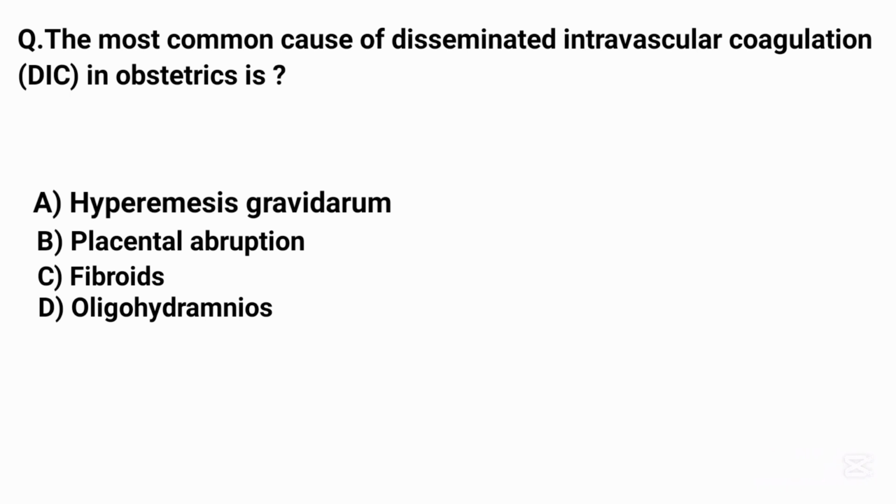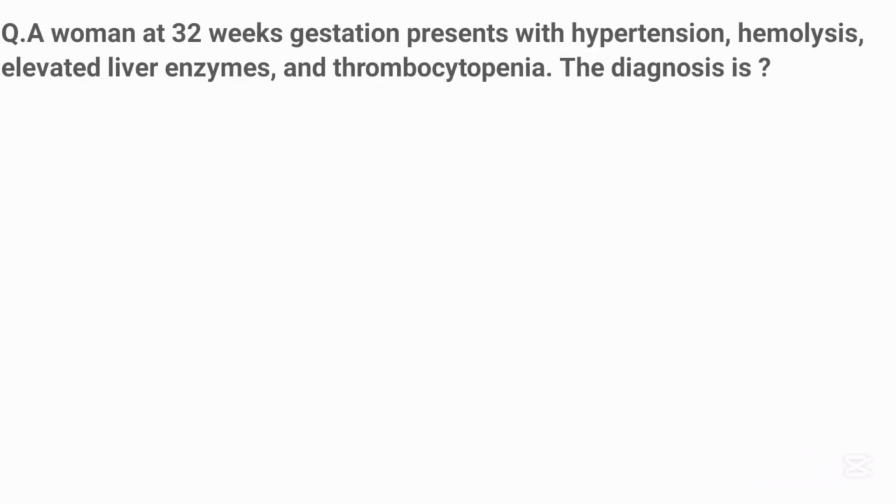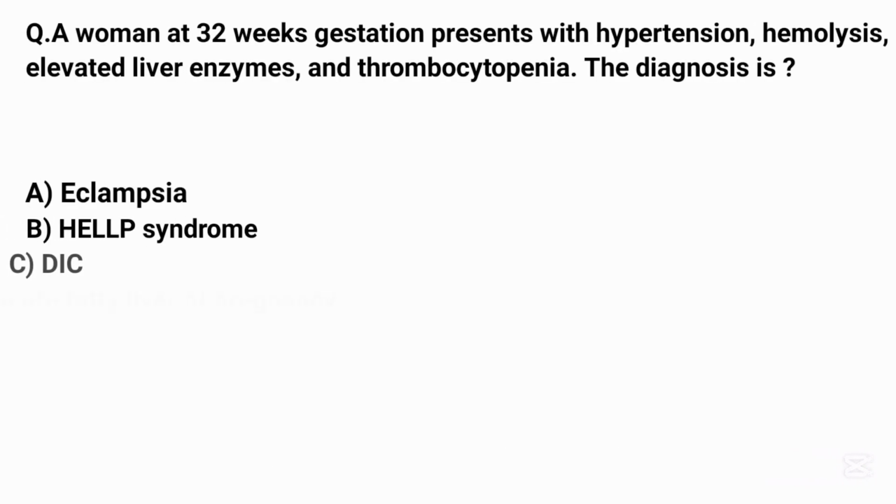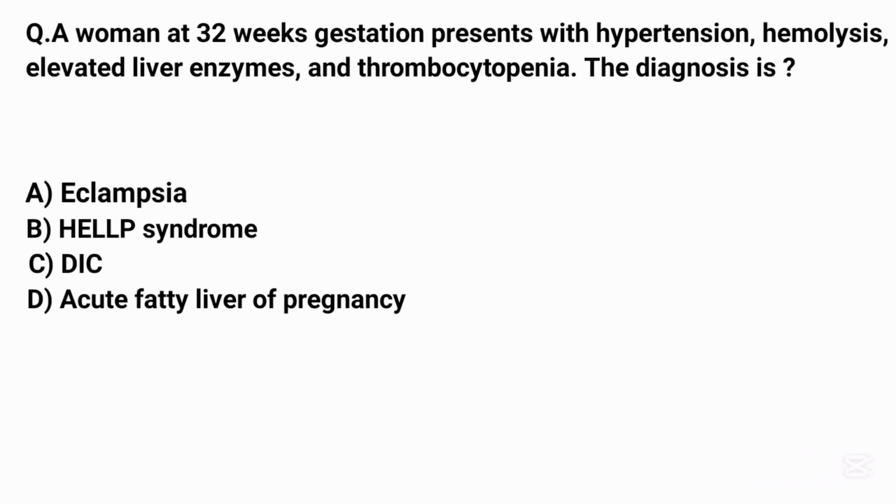Correct answer is option B, placental abruption. A woman at 32 weeks gestation presents with hypertension, hemolysis, elevated liver enzymes, and thrombocytopenia. The diagnosis is. Correct answer is option B.